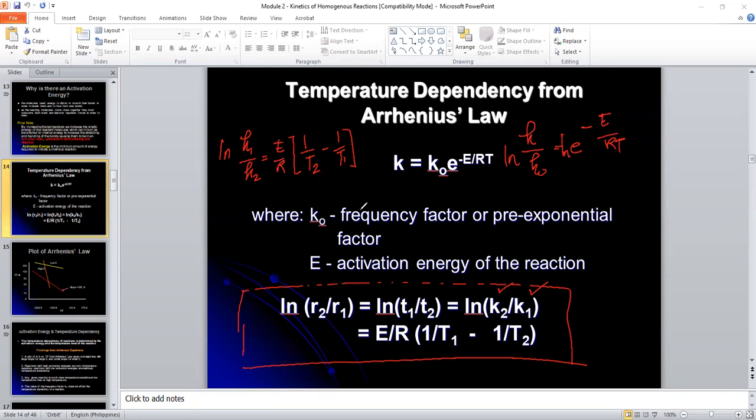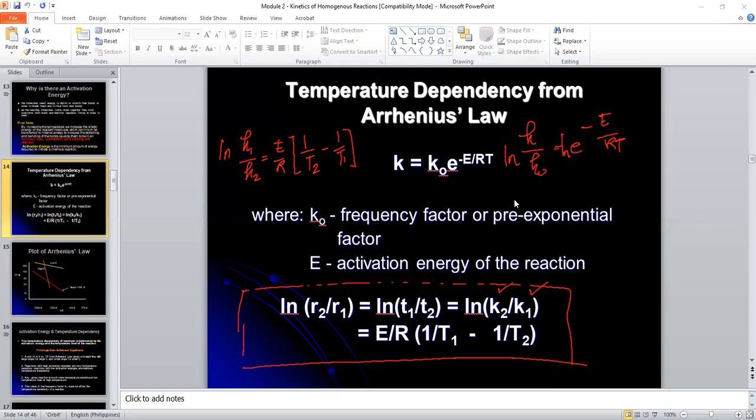Now, we use this equation depending on the kind of data that is provided in the problem. This equation is an extension of the basic fundamental equation of Arrhenius, which is k equal to k sub 0 e raised to negative E over RT. So remember this formula. You will have problems wherein you can apply this formula later on.